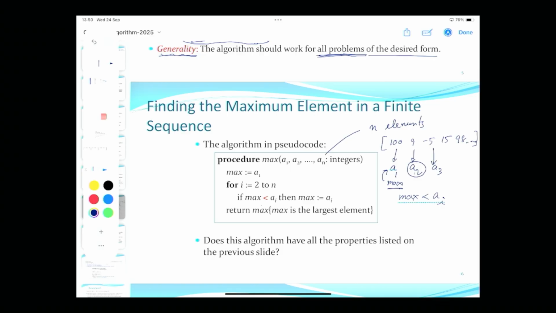So we keep checking the elements in the list, A2, then A3, A4, and so on, to find the maximum value. Whenever we find a bigger value, we update the max to be that number. That means we have to check all the elements in the list, A1, A2, up to AN, to get the result.